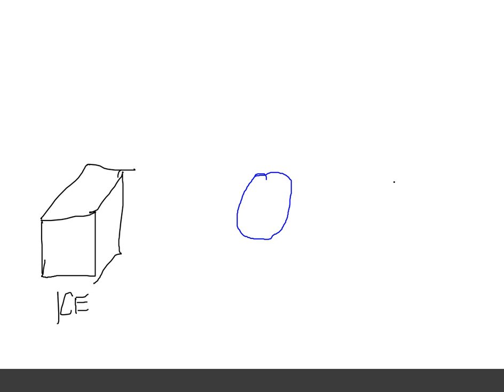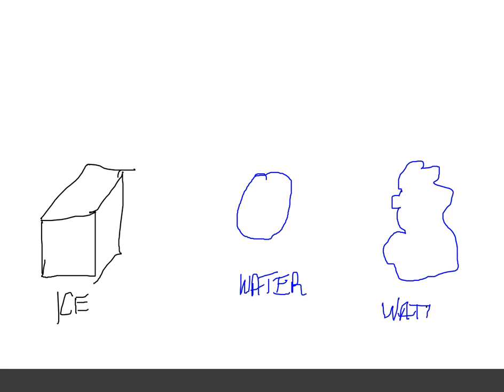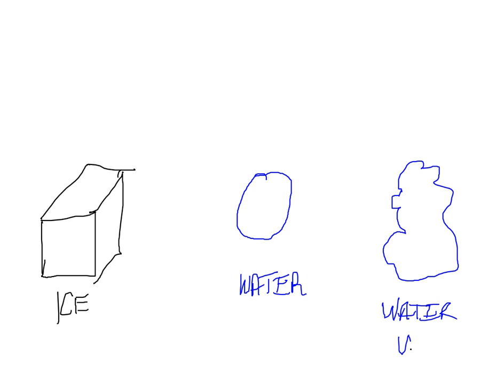And then, of course, finally, H2O can also exist in the gas or vapor phase, which I'm attempting to draw here. So here is, of course, we call the liquid phase water, and the vapor phase water vapor, with a U because we honor the Canadian spelling.